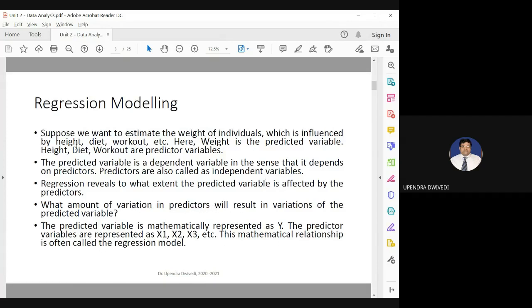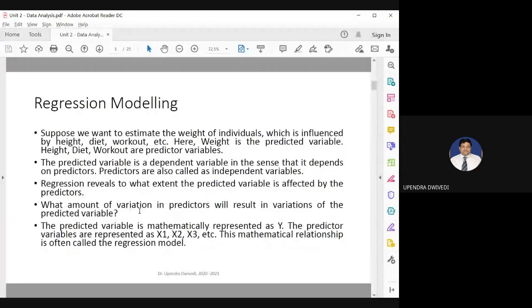Suppose we vary the height, the diet, and the workout of a person, and then we try to find out what differences we see in the weight of the individual. So first we need to find out to what extent the predicted variable is affected by the predictors.